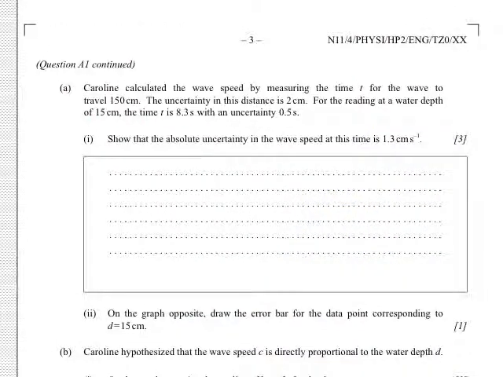The first question is a calculation on uncertainty. We have wave speed, which you can calculate very simply by measuring time and distance. It is a little bit confusing because they state that the wave travels 150 centimeters, which has an uncertainty of plus or minus 2 centimeters.